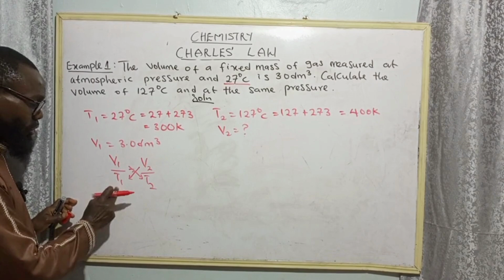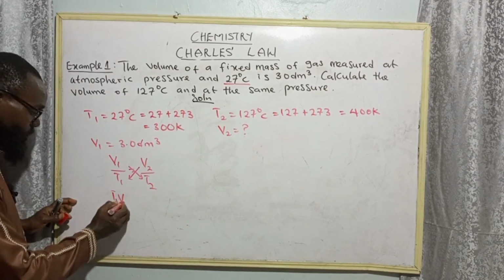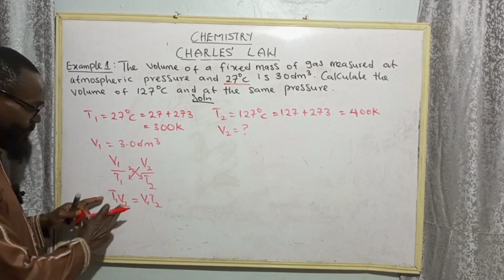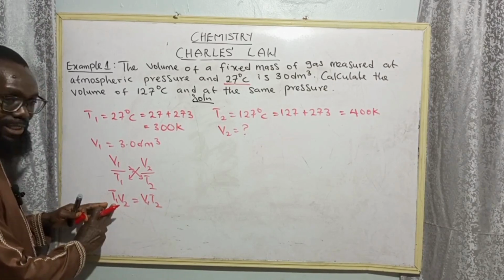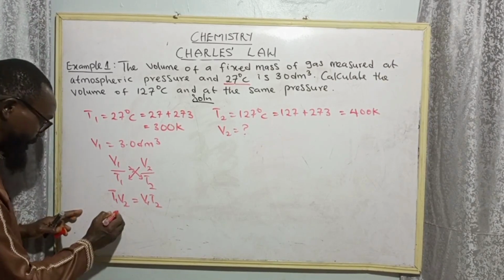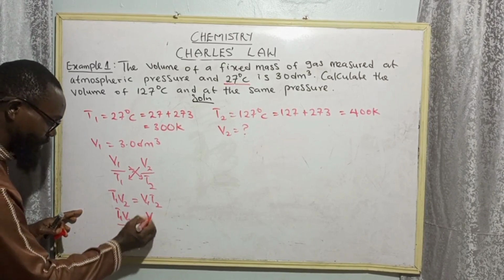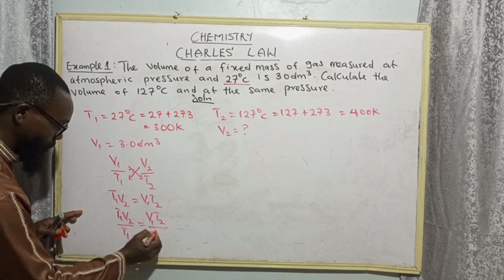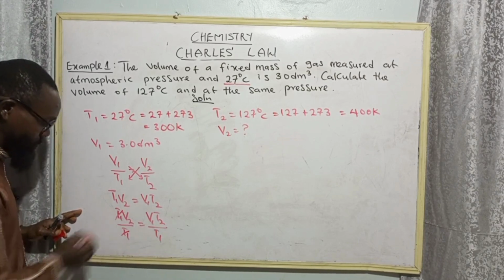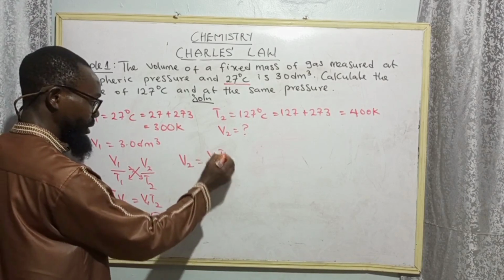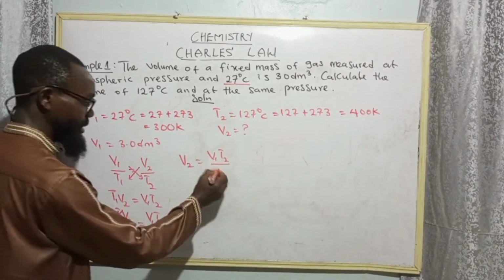So T1 V2 equals V1 T2. Since I need my V2, I have to divide both sides by T1. So T1 V2 over T1 equals V1 T2 over T1. T1 cancels T1. Our V2 equals V1 T2 divided by T1.